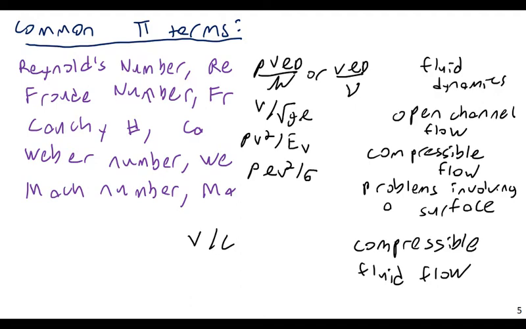Okay, so let me actually work through a couple examples describing how to work with these. So let's look at one example here. This is the kind of similitude problem we might have.